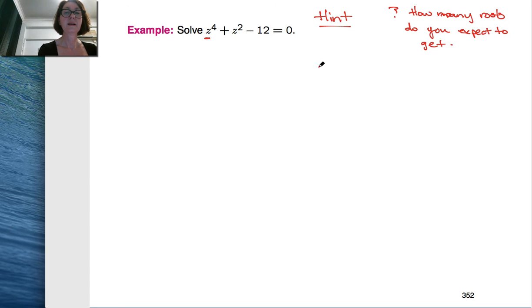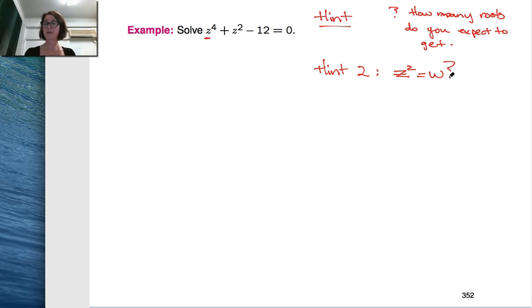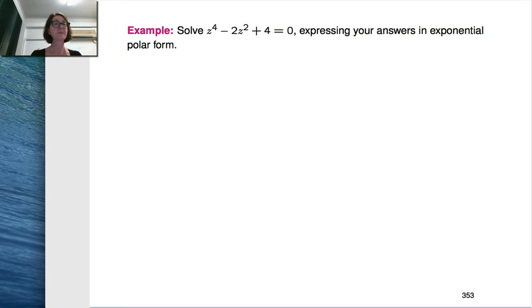That's hint 1. Hint 2 is, what if you write z squared equals w? See if that helps if you can't think of how to proceed with that one.